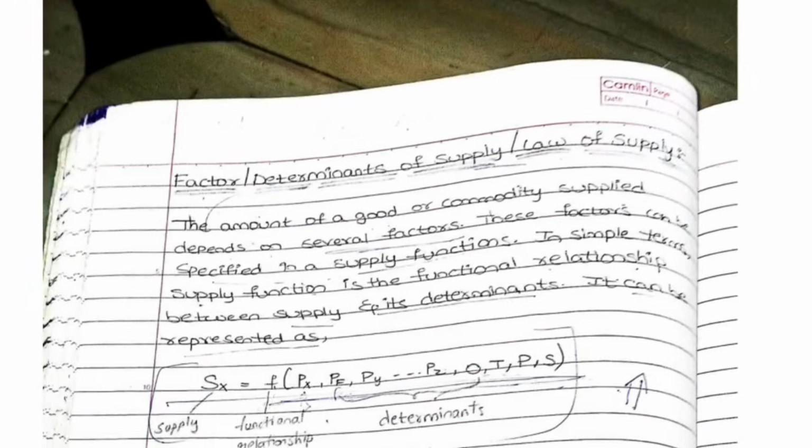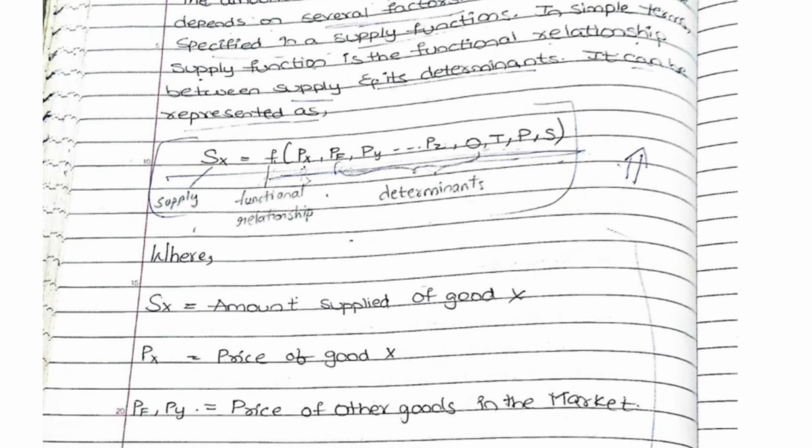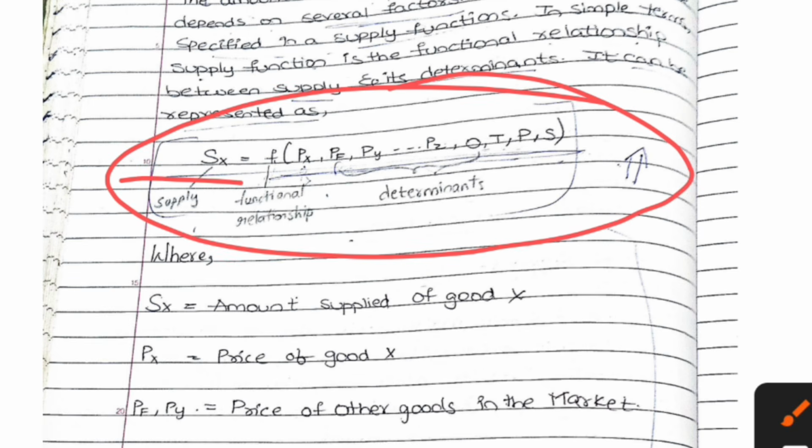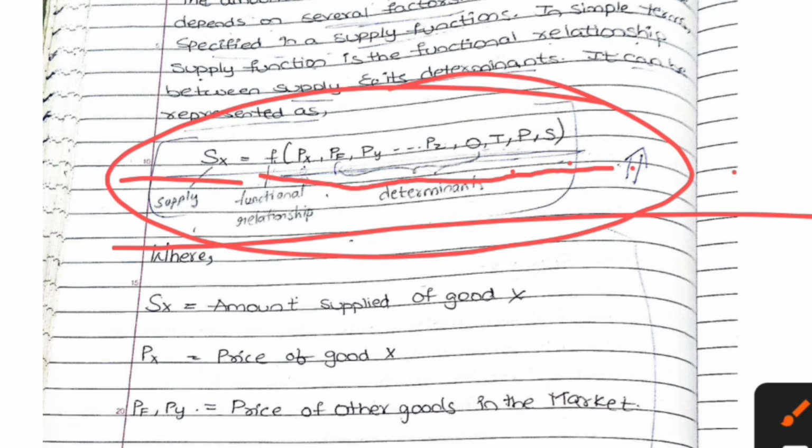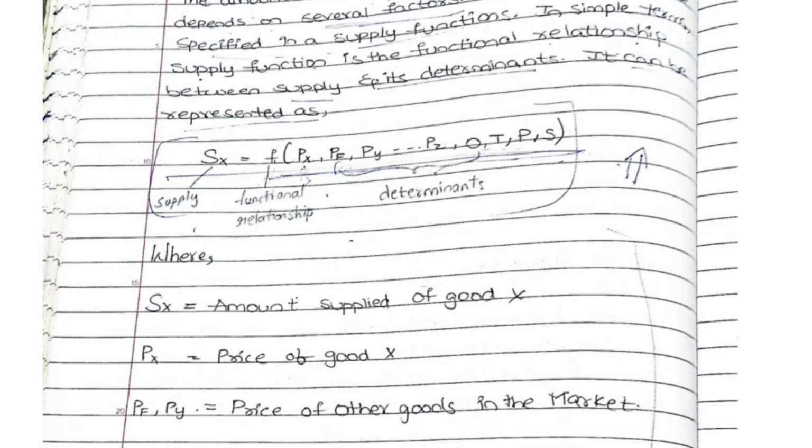Next, what are the factors and determinants of the law of supply? You need to remember the formula of the law of supply: Sx = f(Px, Pf, Py, Pz, O, T, S), different things you have. We call these determinants. When your determinants change, automatically your supply will also change.